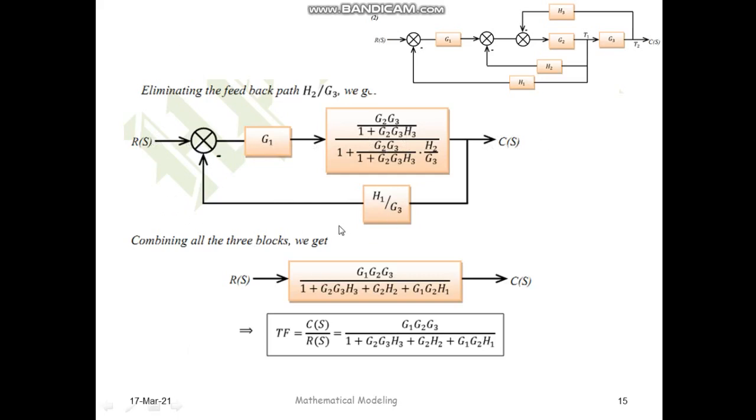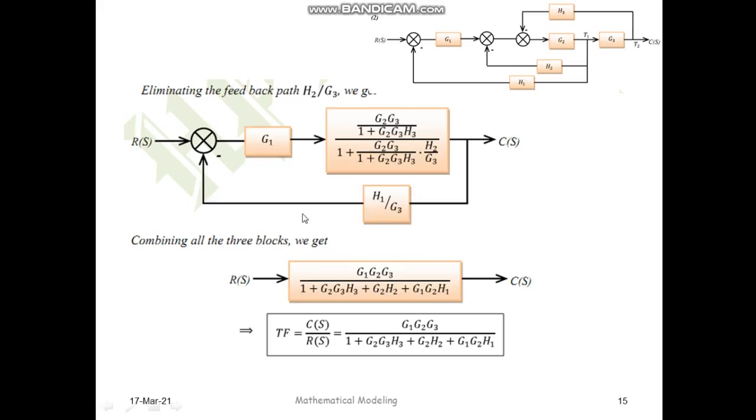So after solving this by eliminating this minor feedback loop, we get the final answer as G1 G2 G3 divided by 1 plus G2 G3 H3 plus G2 H2 plus G1 G2 and H1. So this is the simplified form of eliminating the minor feedback loops of these three terms.